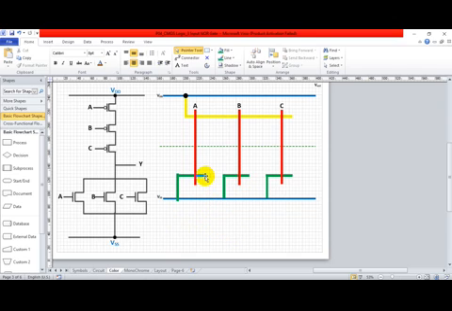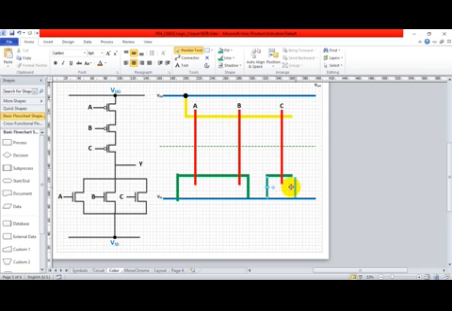How will I short them? The drains are here, and you can consider any one as source and any one as drain. In this case, it is easier if I consider this side as source and this side as drain, and this as drain and this as source, so I can easily short this drain and drain. Then I can consider any one of these as source and any one as drain.